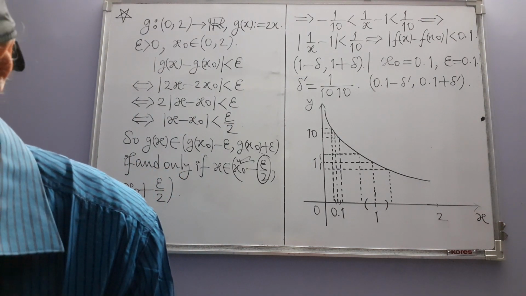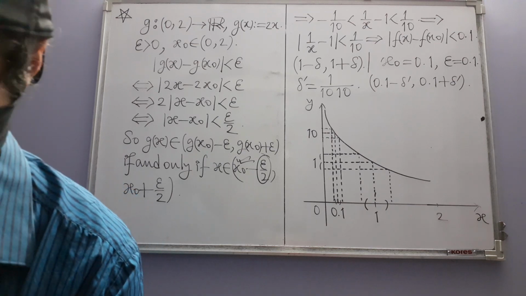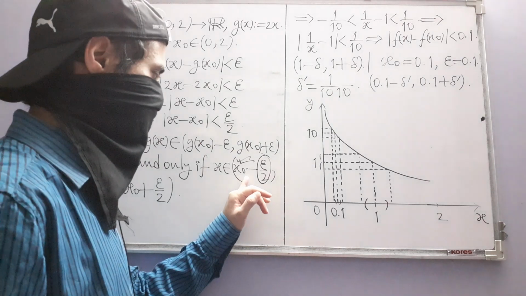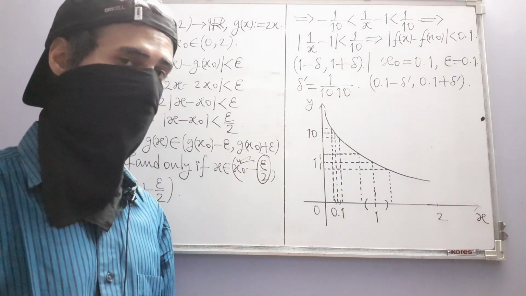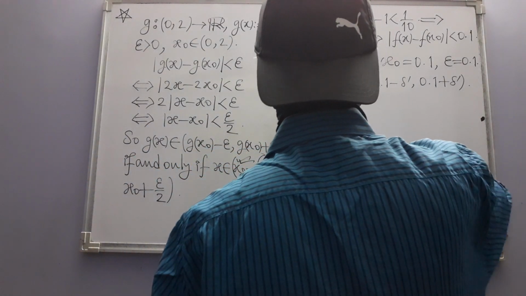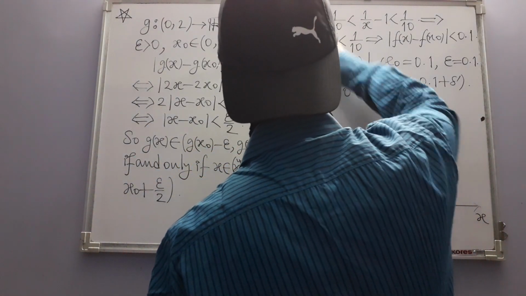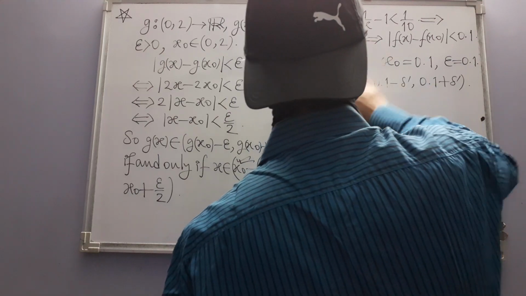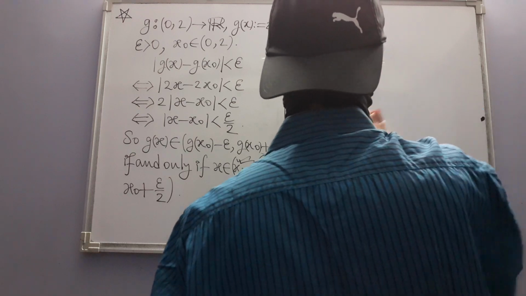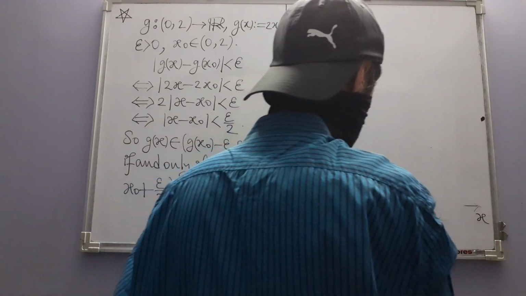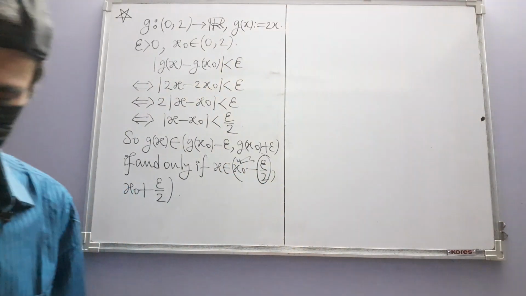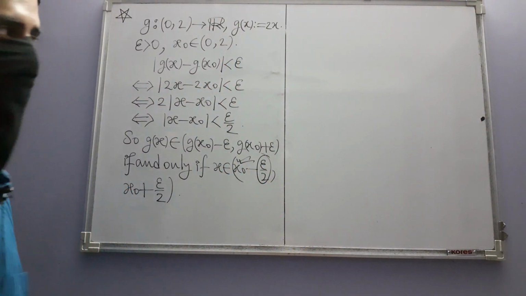You can guess that because of this strong condition that delta is independent of x naught, we will have many consequences. And that is true. Uniformly continuous functions enjoy many properties which ordinary continuous functions don't. So next comes the definition.